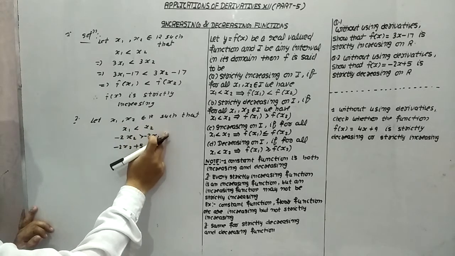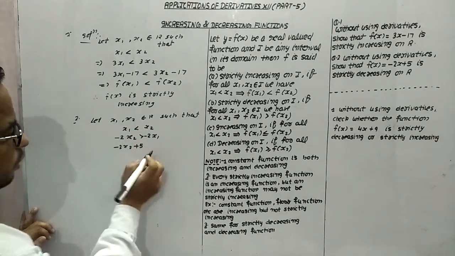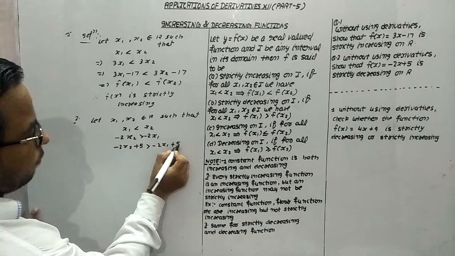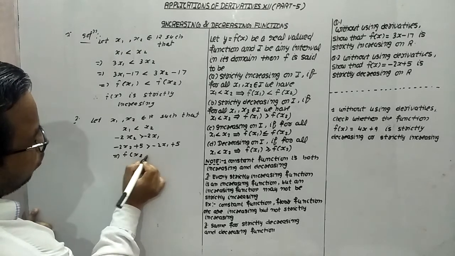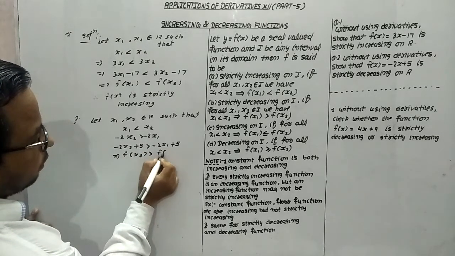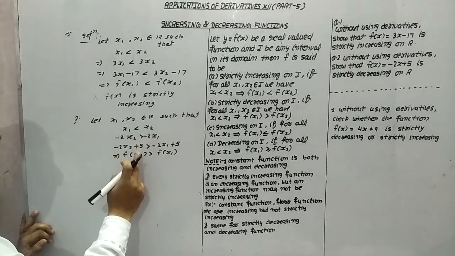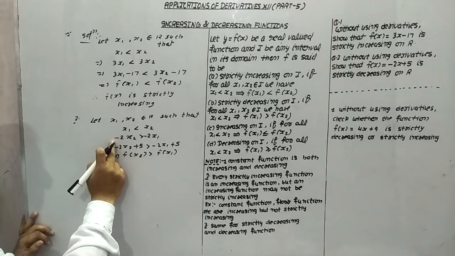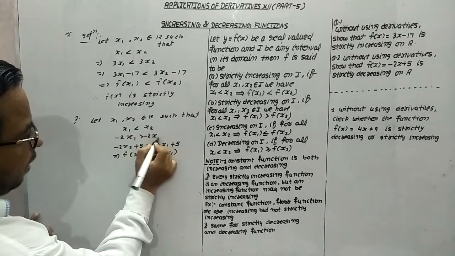Now adding 5 on both sides, -2x2 + 5, because if we multiply both sides by a negative, then the inequality will be changed. It means -2x1 + 5. So what we are observing here, we have f(x2) greater than f(x1). Sorry, this will come, because we are multiplying by -2, so it will come x1 and this will come x2.